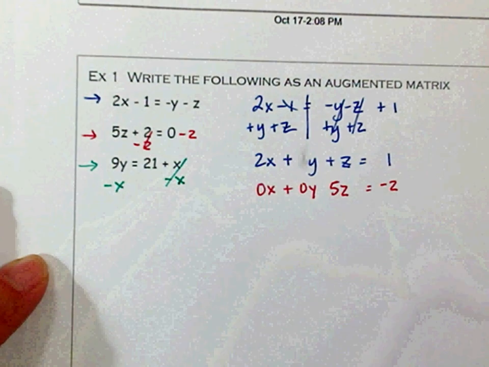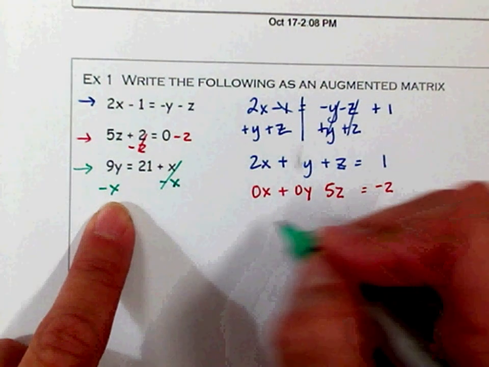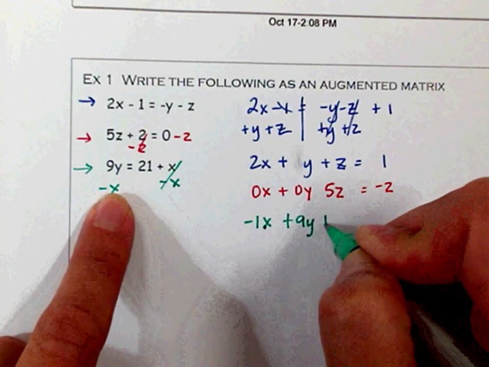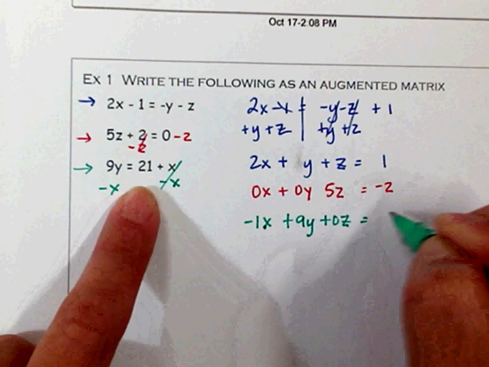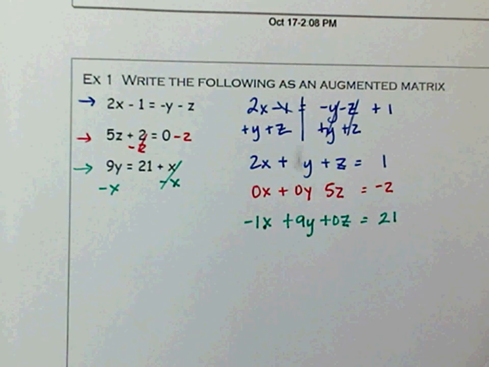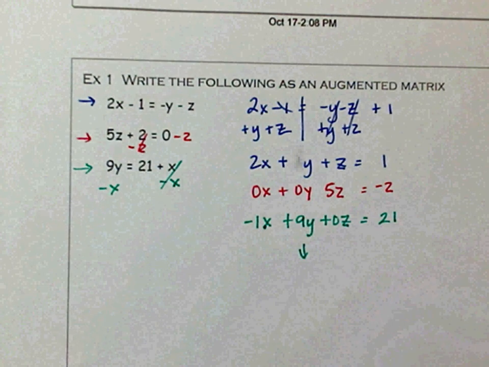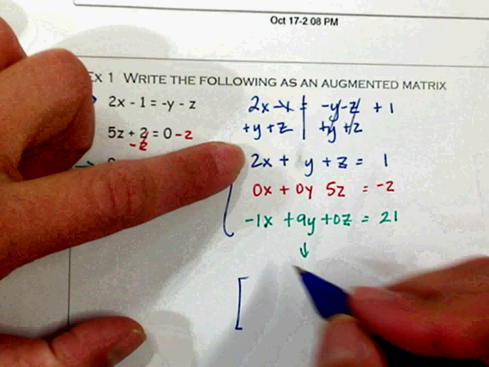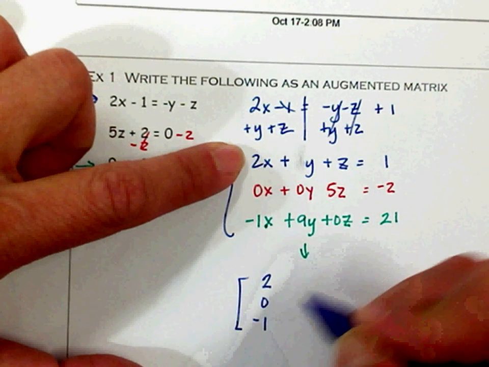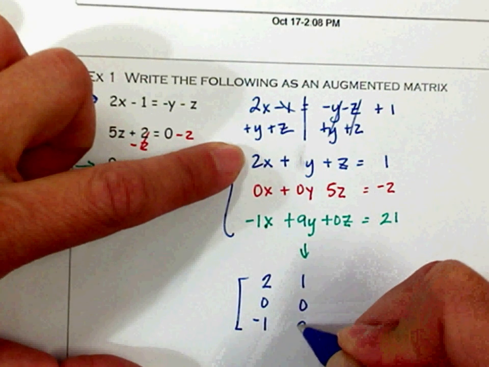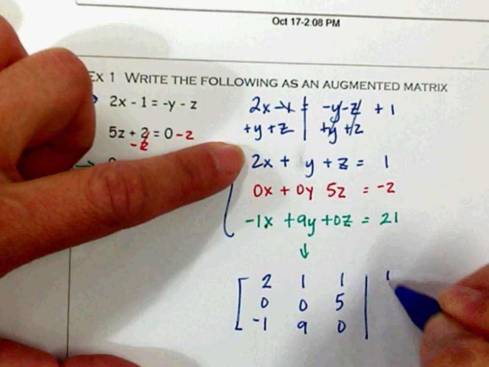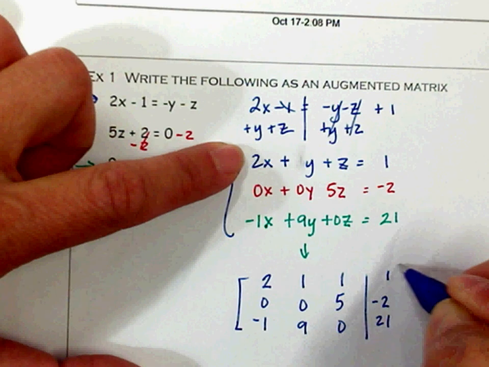See that right there? -1x plus 9y, no z is equal to 21. So all my letters on the left, all my numbers on the right. So now I can write my augmented matrix. Right here. 2, 0, -1, 1, 0, 9, 1, 5, 0, equal sign, 1, -2, 21. And there's your augmented matrix.